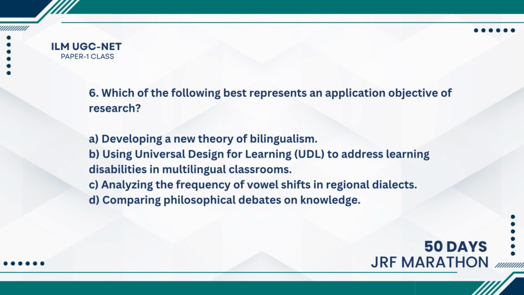Now, question number 6. Which of the following best represents an application objective of research? And the options are: developing a new theory of bilingualism, using Universal Design for Learning (UDL) to address learning disabilities in multilingual classroom, analyzing the frequency of vowel shift in regional dialects, comparing philosophical debates on knowledge.